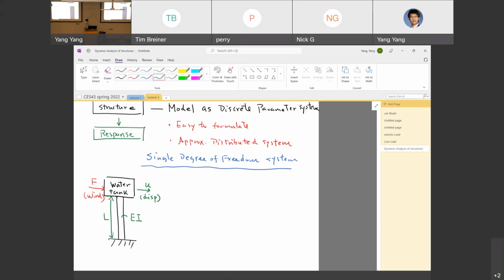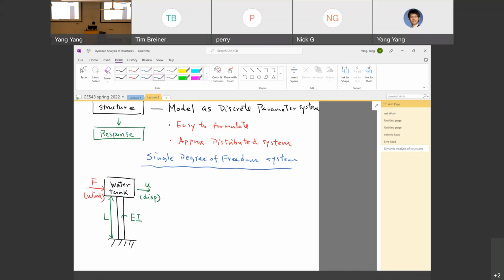As you can see, the basis of the structural dynamic analysis here is very similar to the static analysis. We are interested in the relationship between the force and displacement.